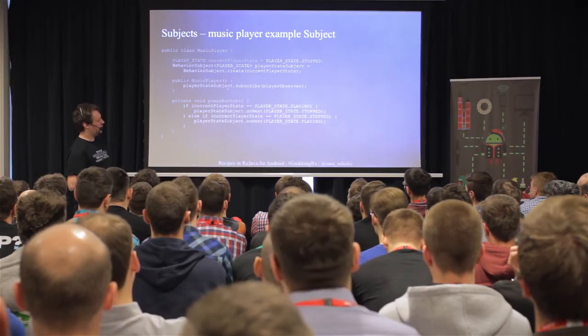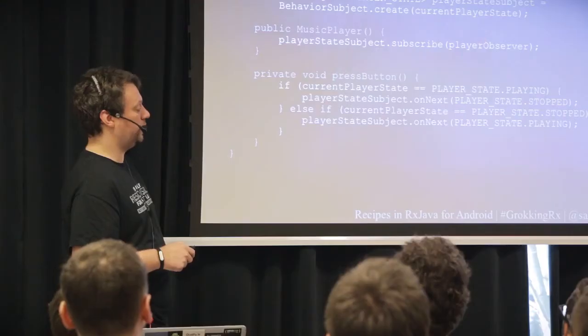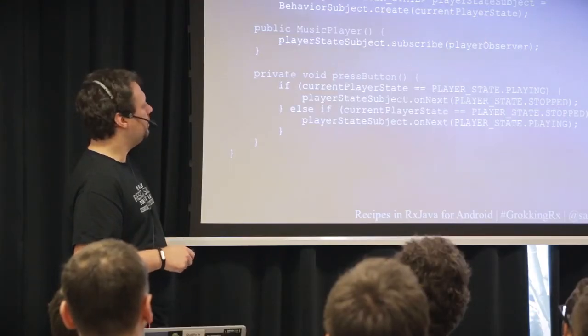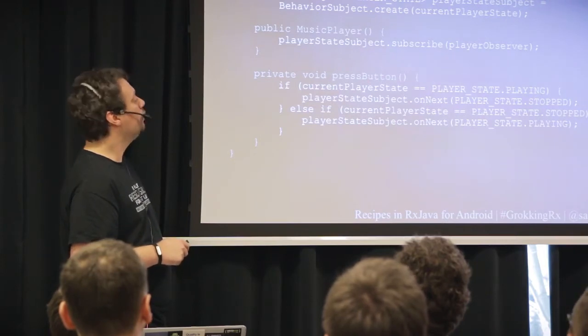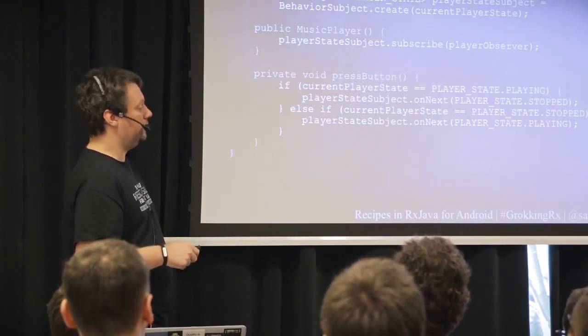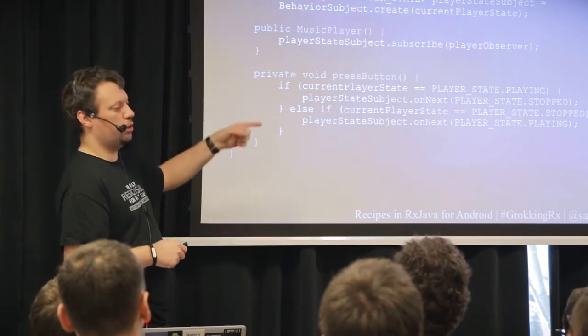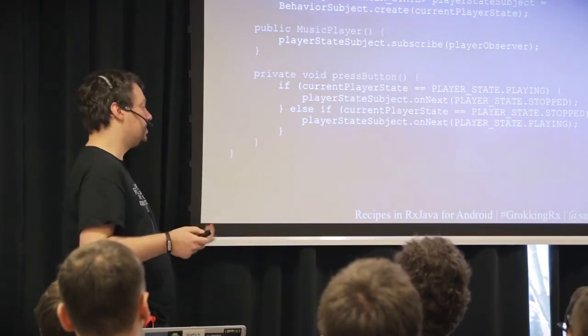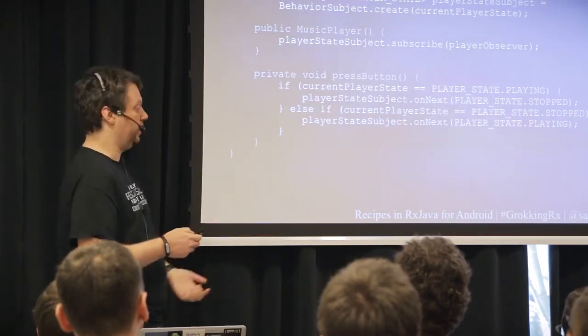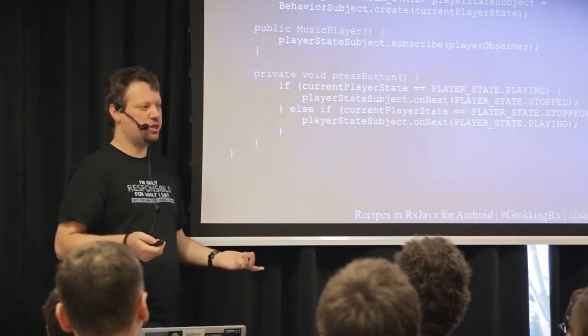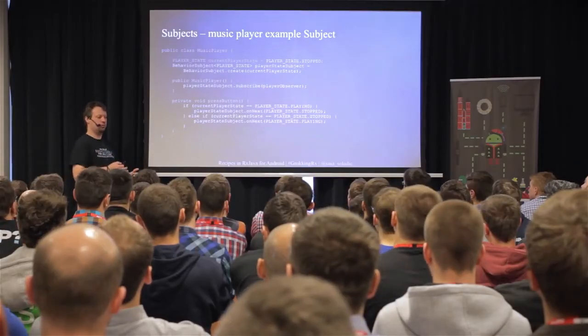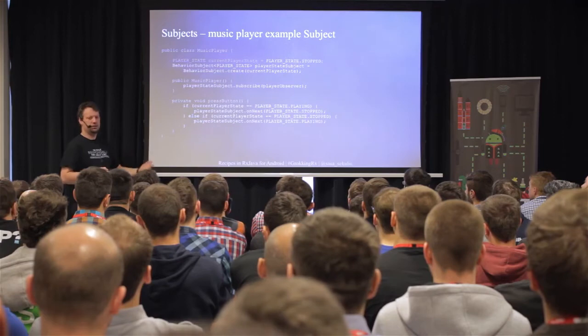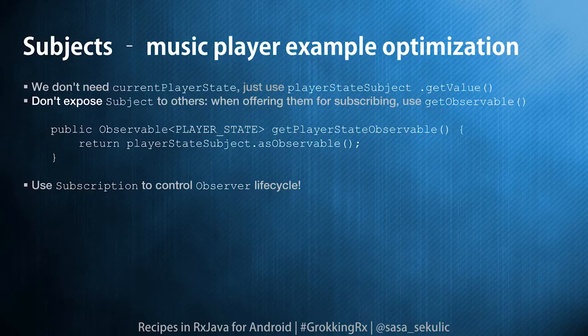We subscribe the subject to the observer that we had previously. And then we have onPressButton. If the current state is playing, send stopped to the onNext. If the current state is stopped, then send playing. So it's a very simple communication between the observer and the observable, so you can basically pilot the observable.